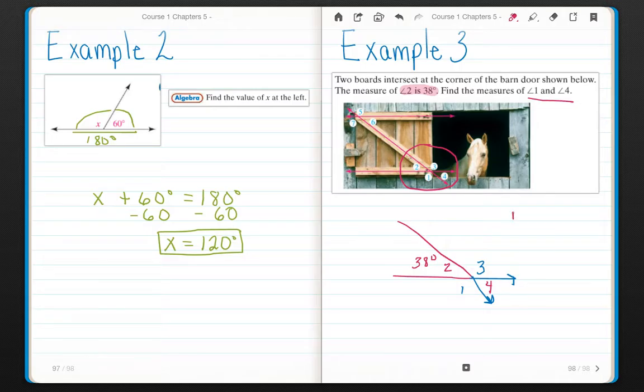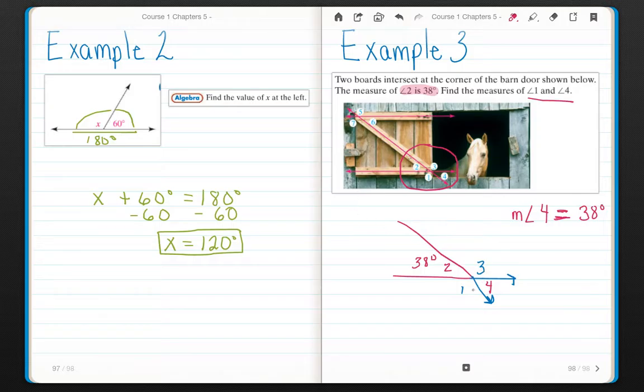So I'm going to write the measure of angle 4. Writing this M means the measure of angle 4. Whenever you're writing the degrees of a measurement, you want to write the measure of angle 4, or whatever your angle is. Since 2 and 4 are vertical angles, they're opposites. Angle 2 and angle 4 have the same measure. So angle 4 is also 38 degrees.